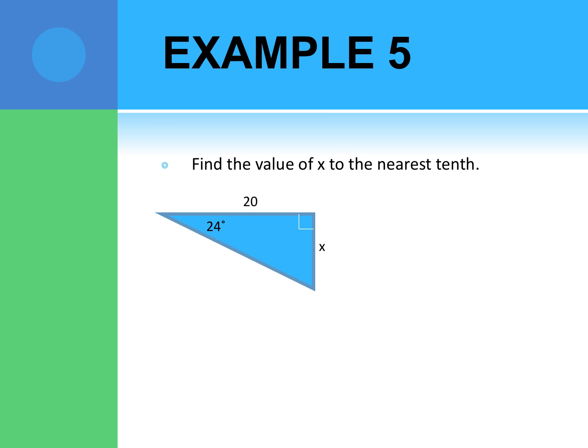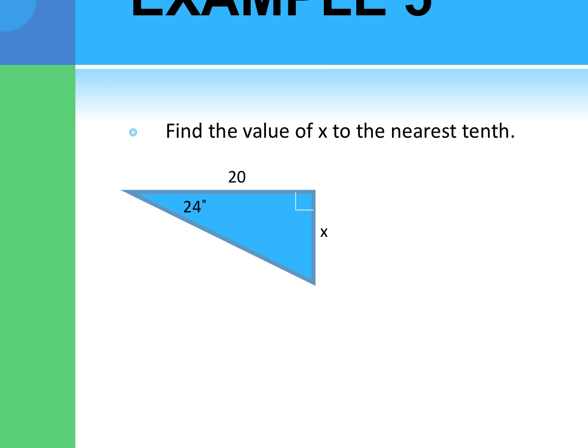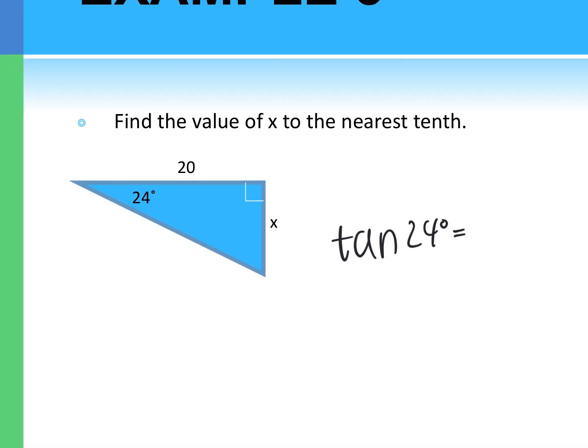So what should we try instead? What did we learn today? Tangent. What angle were we given? The 24. So take the tangent of 24 degrees, and what ratio should that be equivalent to? x over 20. Very good.